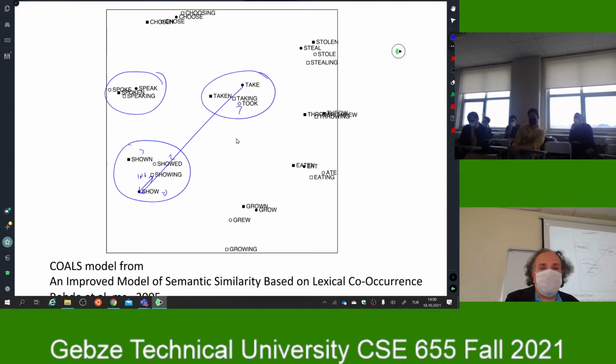Okay, they are very similar. And if you do this for many different words, you get the same effect. So what does that mean? The algorithm, although very simple, has learned about the syntactic or morphological forms of the verbs. Okay, it's very powerful.